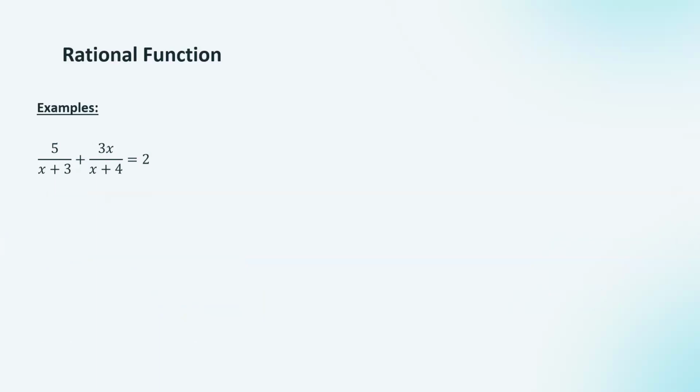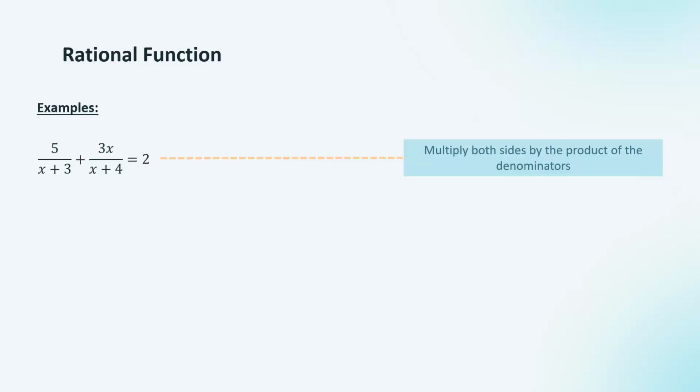So in the next example, we're going to look at the third type of rational function. Again, the method to solve this will be identical. It's just that now, we need to multiply both sides by the product of the denominators, which will look like this. So we will multiply both sides by x plus 3 times x plus 4.